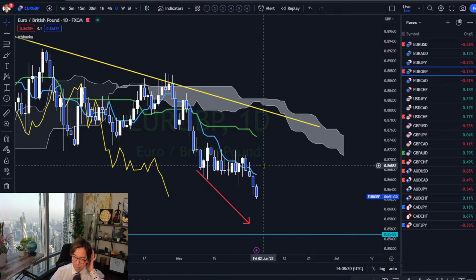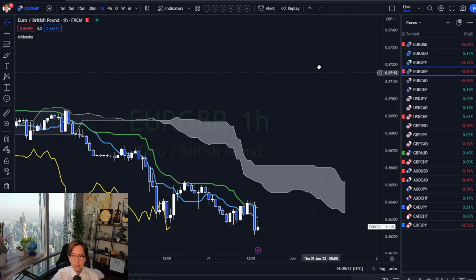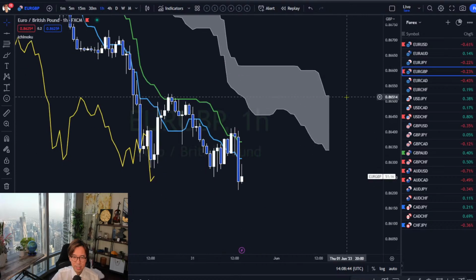Okay. So after I confirm a downtrend on the daily, like I mentioned before, I check 1 hour and make sure that the 1 hour is also bearish. Otherwise, it may range or retrace.